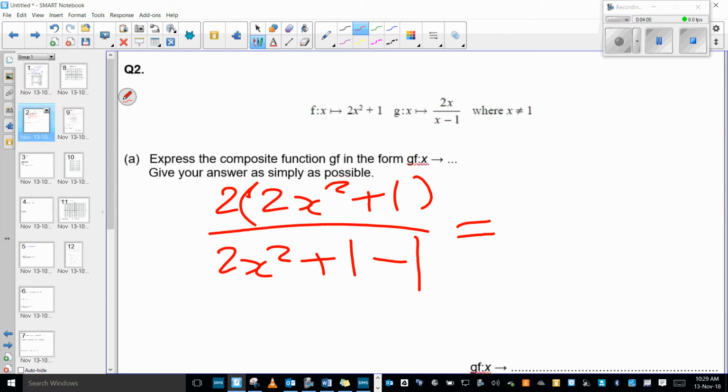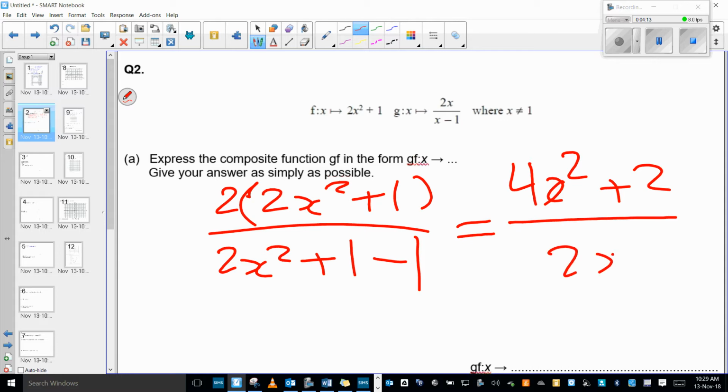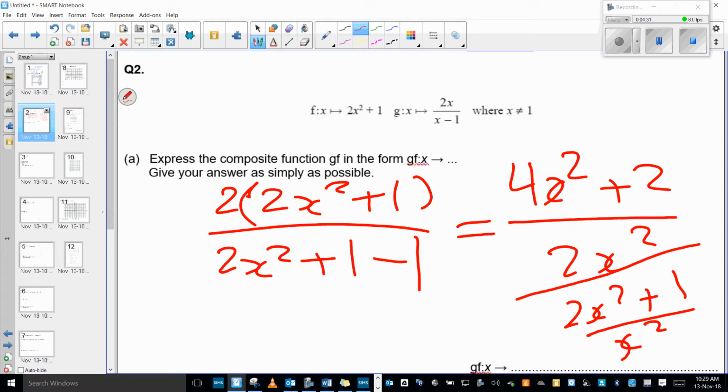And we simplify that, and you can simplify that again. Okay, that's awesome. Thank you, Mia.